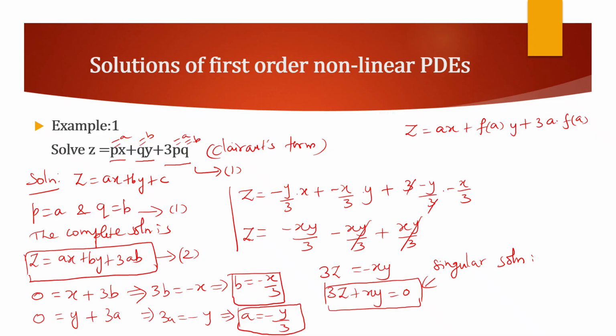So now we have this, and now differentiation of this with respect to a partially will give one more equation, and elimination of a from those equations gives the general solution.